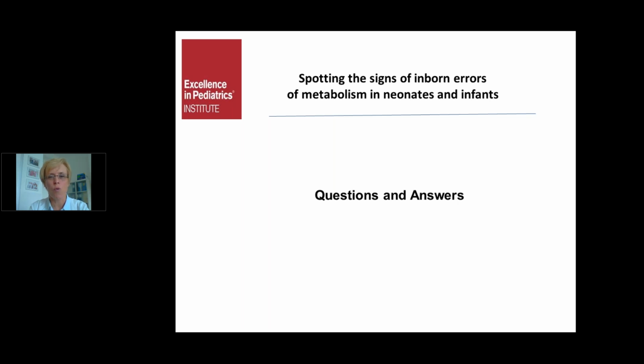If we wait to exclude other conditions and only think about inborn errors of metabolism at the end, we may simply lose these patients. It may be simply too long.